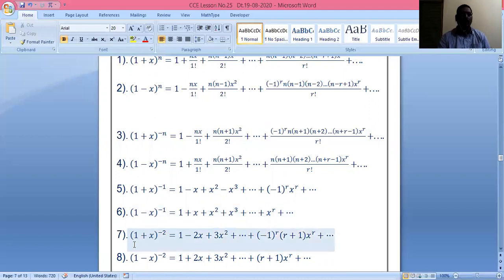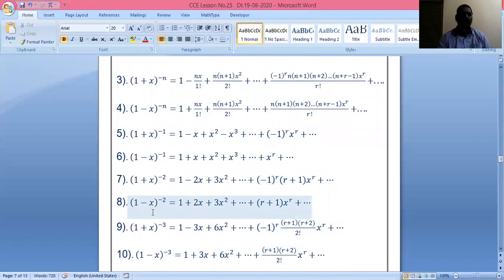Number 7, (1 plus x) to the power of minus 2 is equal to 1 minus 2x plus 3x square up to so on, minus 1 to the power of r into (r plus 1) into x to the power of r plus up to infinity. (1 minus x) to the power of minus 2 is equal to 1 plus 2x plus 3x square up to so on, (r plus 1) into x to the power of r plus up to infinity.